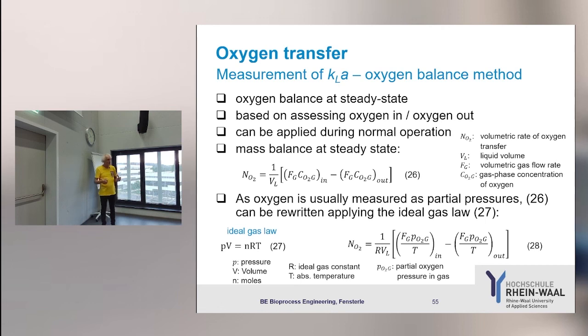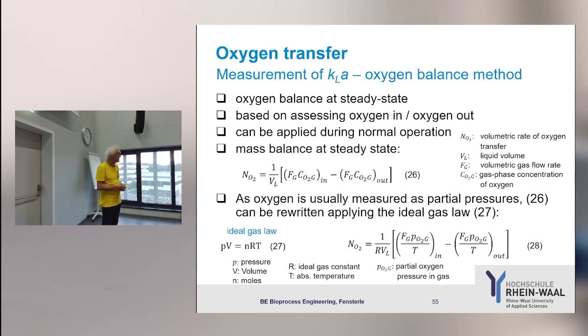If I put in 21% oxygen at the beginning with a gas flow rate of 5 liters per minute, and I end up with just 5%, I can simply calculate, doing a mass balance, what has been consumed in between. And the oxygen consumed in between has to be the oxygen transferred. Obvious.